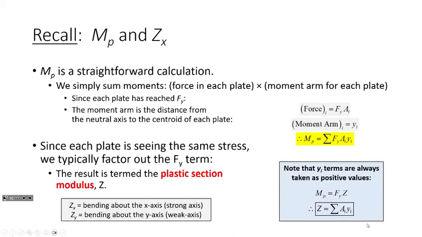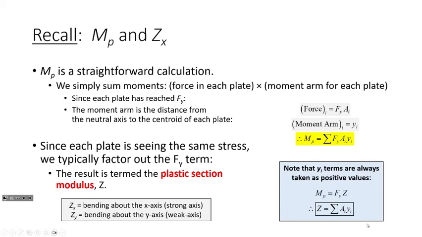What we were talking about yesterday was theoretically the maximum moment that a beam can withstand, and that's MP. When I say theoretically, I mean without the effect of bracing, which is what we're going to talk about today. In order to compute MP, we sum the moments, which is the force in each plate times the distance from the center of that plate to the plastic neutral axis.